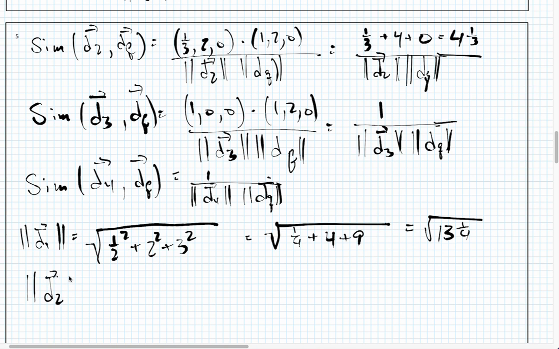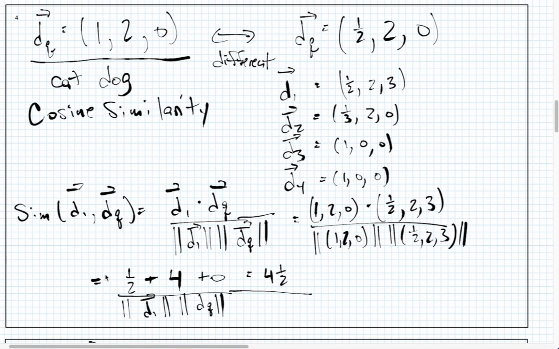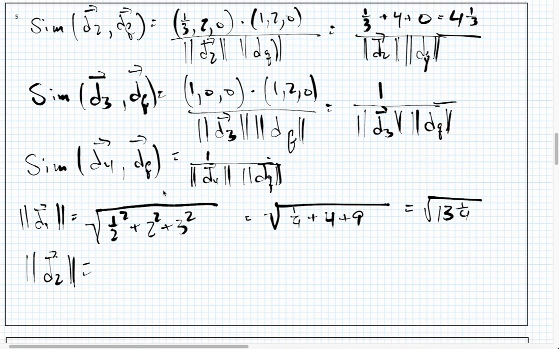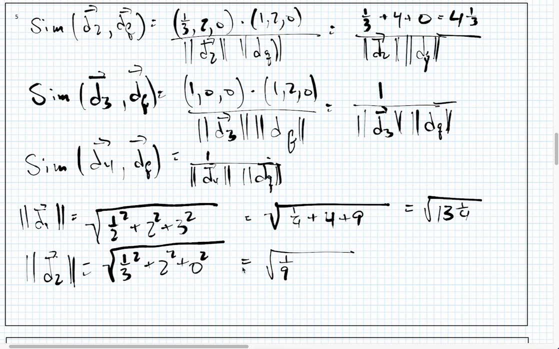The length of D2 is equal to, D2 is 1/3, 2, 0. Square root of 1/9 plus 4 is equal to the square root of 4 and 1/9.